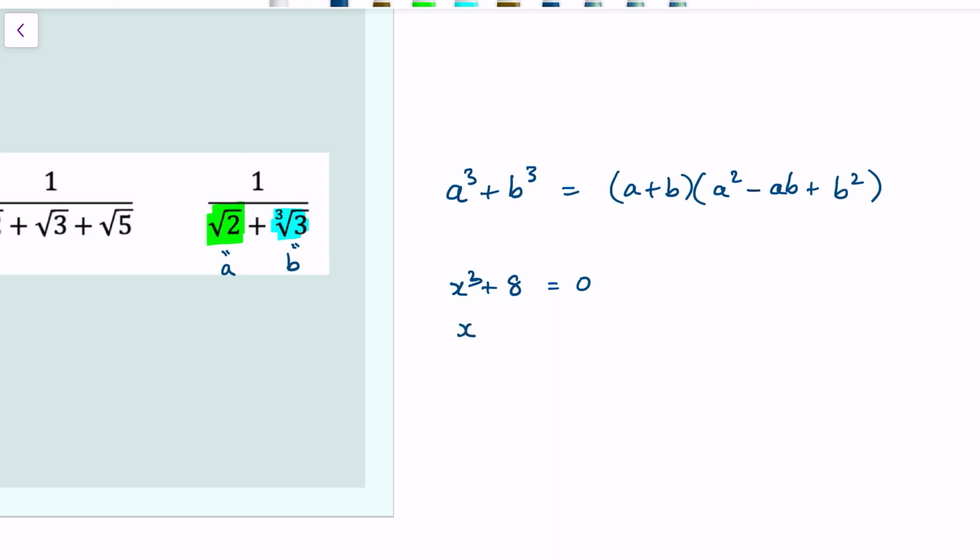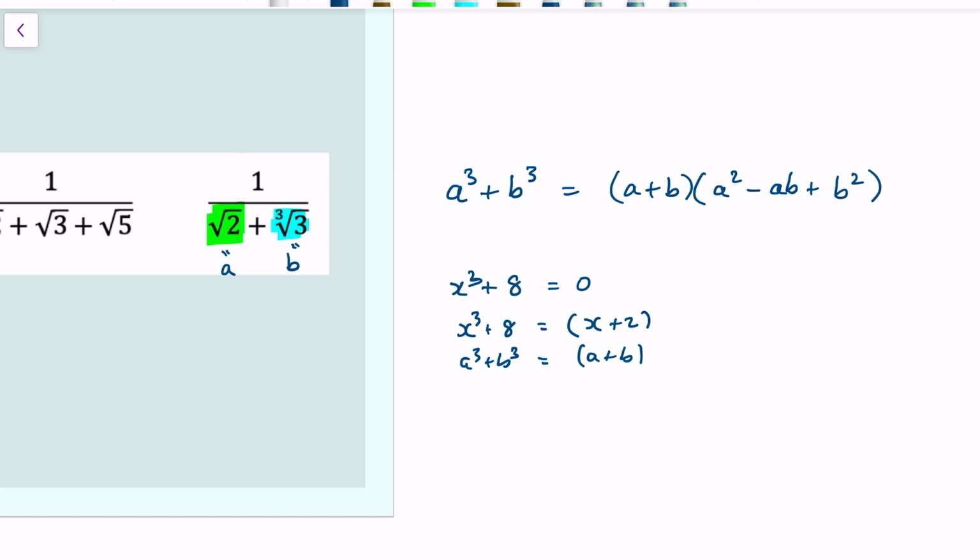So I know that x cubed plus 8 has a factor of x plus 2. And so all I've done there is generalize: a cubed plus b cubed will always have a factor of a plus b, because a equals minus b is a solution.